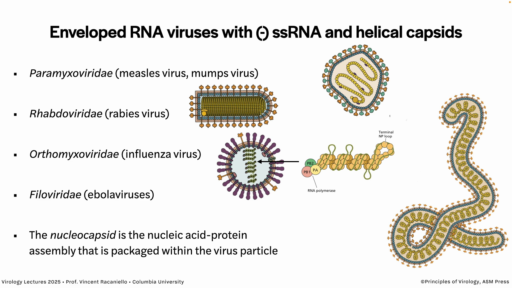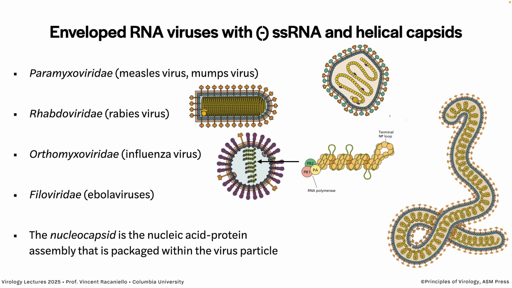There are many enveloped viruses with single-stranded negative sense RNA and helical capsids. The paramyxoviruses, which we've just shown, there's your helical nucleocapsid. I showed you a picture of one broken with the nucleocapsid coming out. The rhabdoviruses, influenza viruses, again, an envelope surrounding an RNA protein complex.